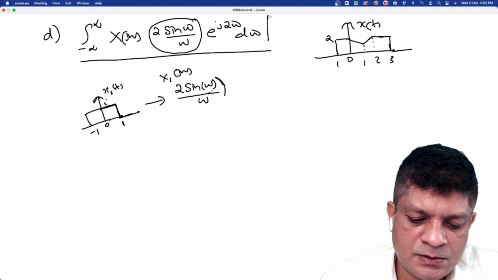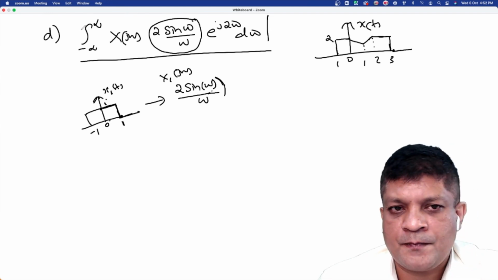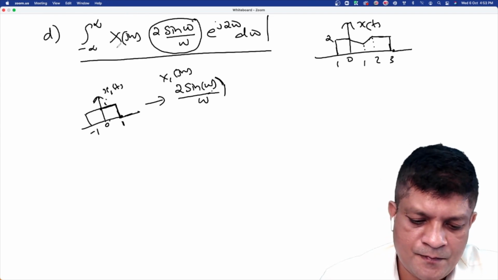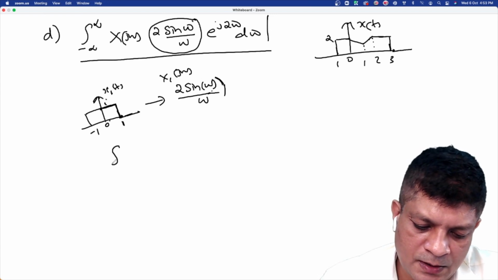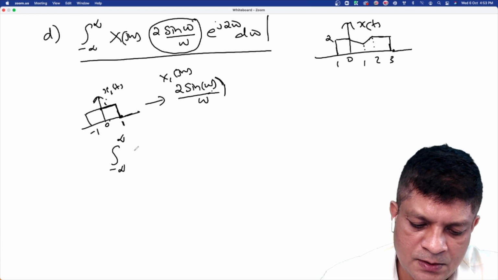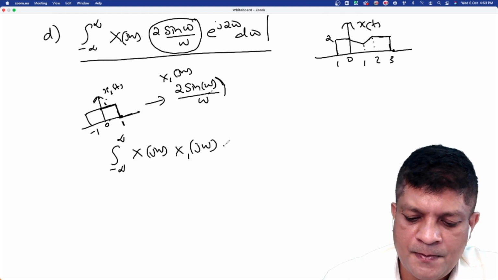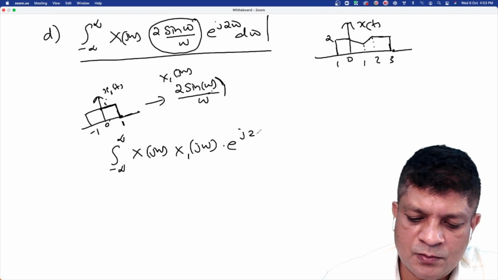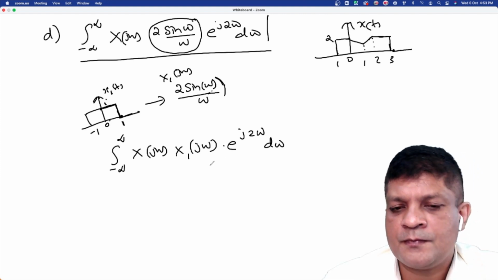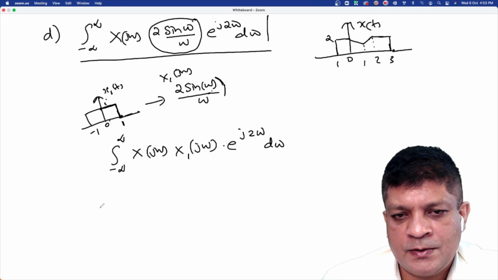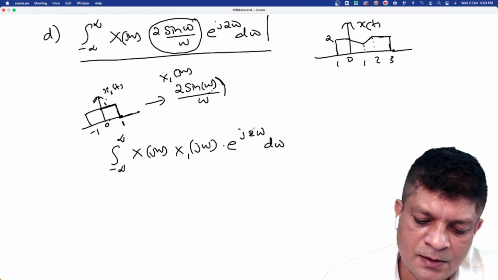Now can you use some property? This is X1(j omega). So the given integral is the integral from minus infinity to infinity of X(j omega) X1(j omega) e^(j2 omega) d omega. Now can we convert this into some standard integral?